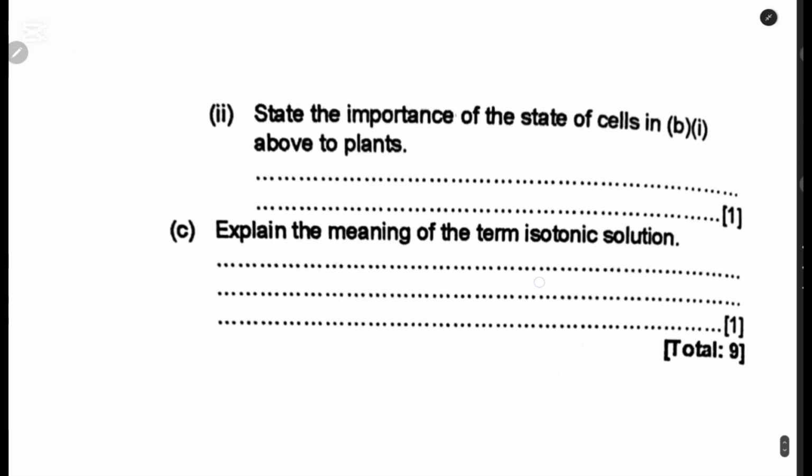Then question 2, that is B2, state the importance of the state of cells in B1 above to plants. So in short, it offers support to the plant. Especially in young ones, they are able to stand firmly because of the cell turgidity.